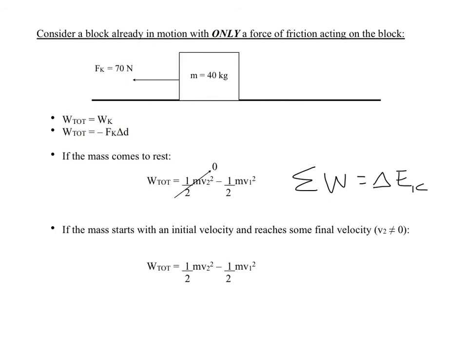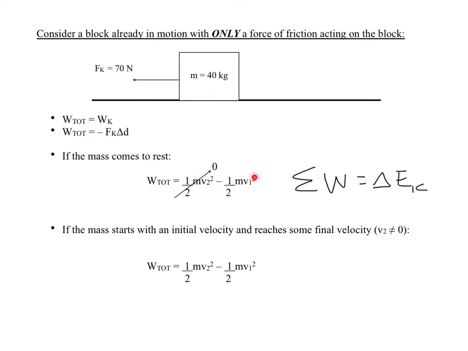So in this case, the total work is sigma W, and 1/2 mv2 squared minus 1/2 mv1 squared is your change in kinetic energy. We know for a fact that this block will eventually come to a stop, which means that the final velocity is equal to 0. So I'm now left with just total work being equal to negative 1/2 mv1 squared.